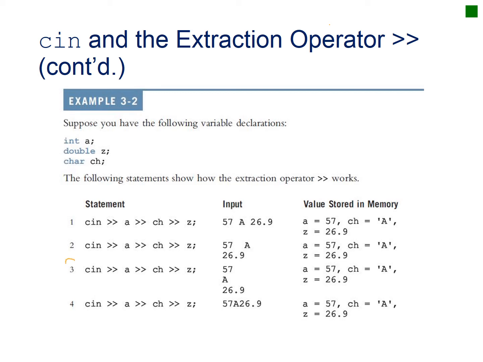Line 3: the integer value 57 is stored in the variable A. The character value A is stored in the variable CH, and the double value 26.9 is stored in the variable Z.